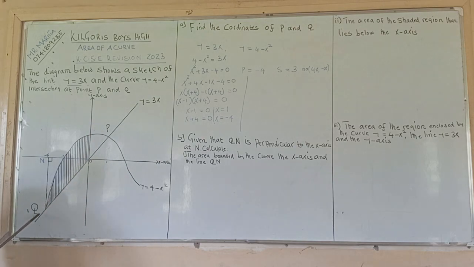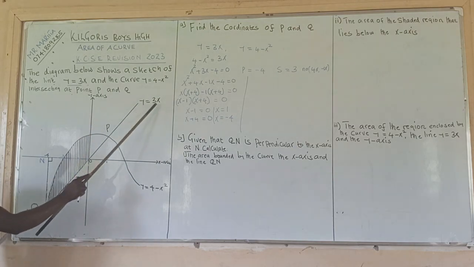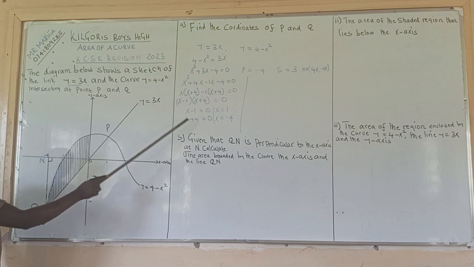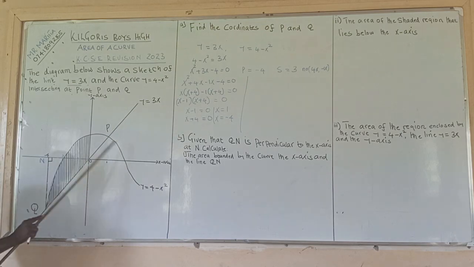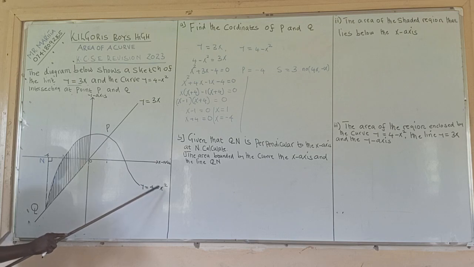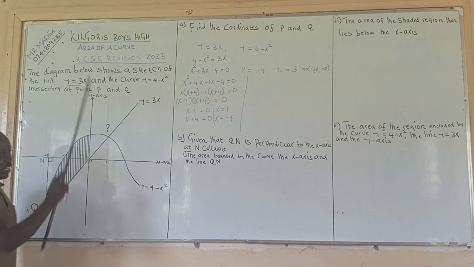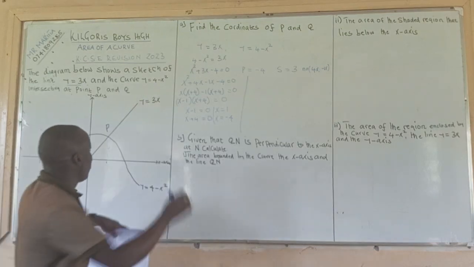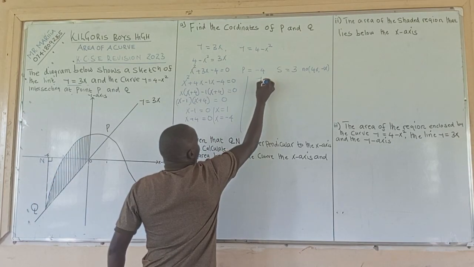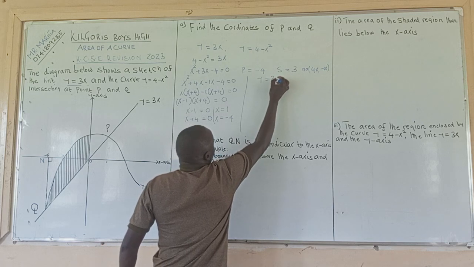We can use either the equation of the line y equals 3x to find the value of y, or y equals 4 minus x squared. The easiest is the first equation, y equals 3x.